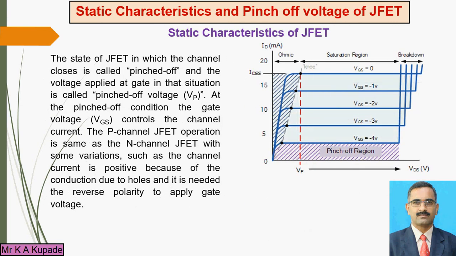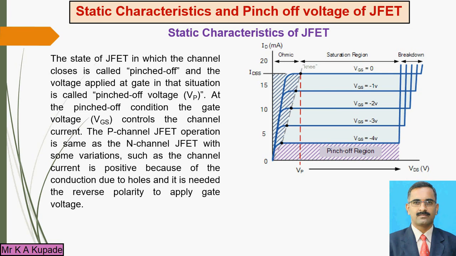So this is the consideration when you apply the negative voltage at the gate terminal. By applying the negative voltage, you are controlling the flow of current from drain to source. The main function is that the applied voltage controls the flow of current.